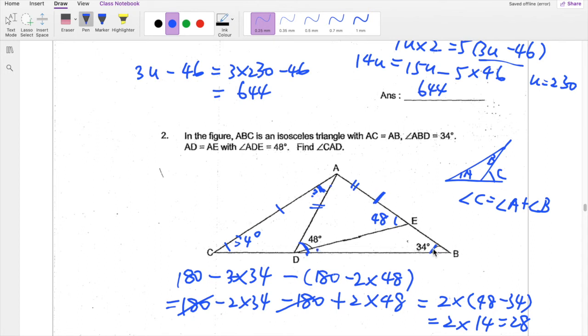Well, we know this angle and this angle, which are 48 and 48. So this angle would be 48 minus 34, which is 14. So this angle is 48 plus 14, minus 34, which gives this angle. It also gives 28.